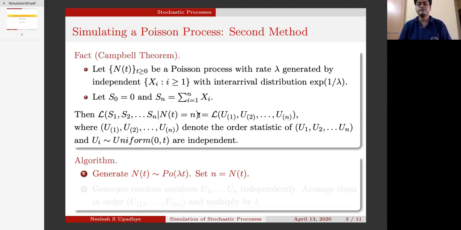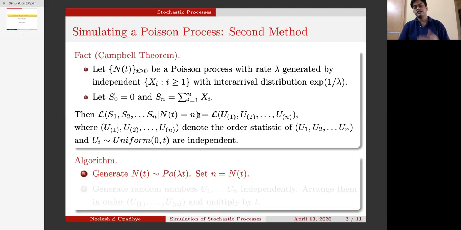Using Campbell's theorem, you know that the joint distribution of the arrival times is nothing but the order statistics of uniform random variables. How many uniform random variables do you need to simulate? If N(t) is equal to n, you need n random variables which will follow the distribution of arrival times.